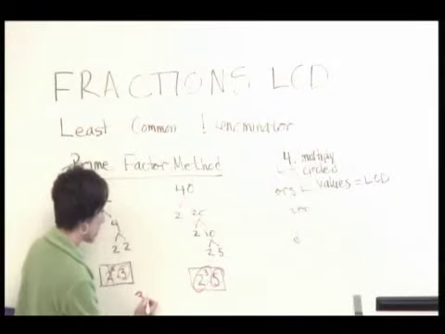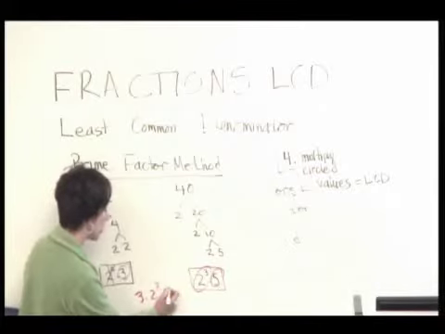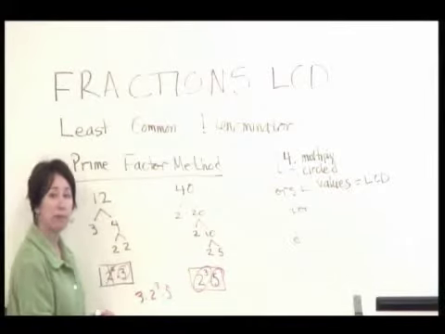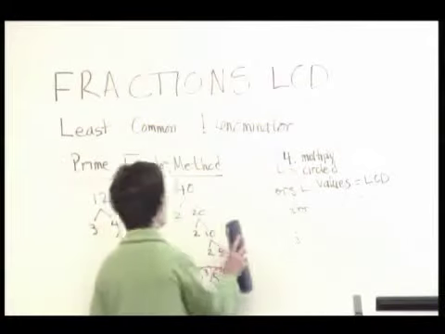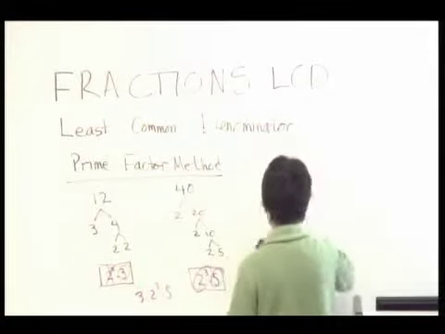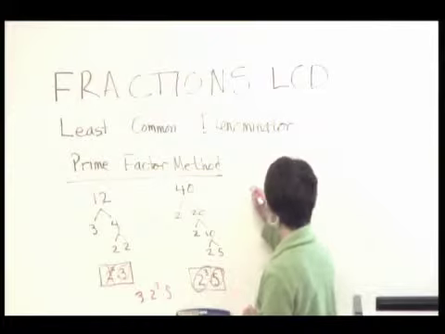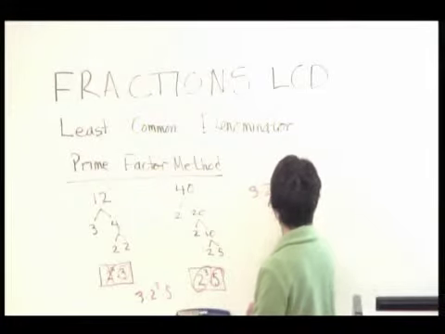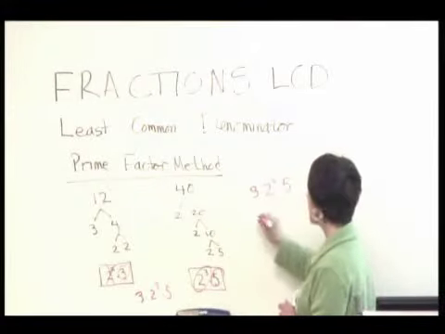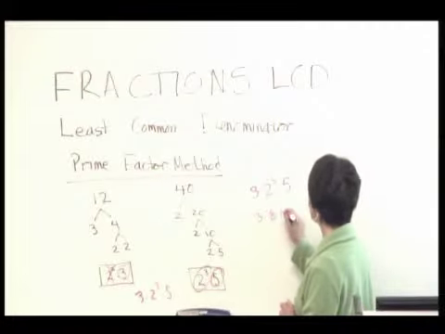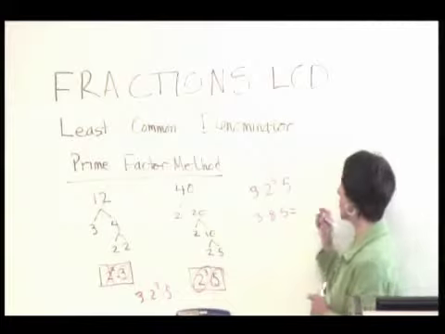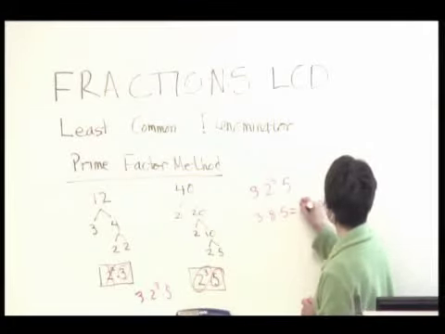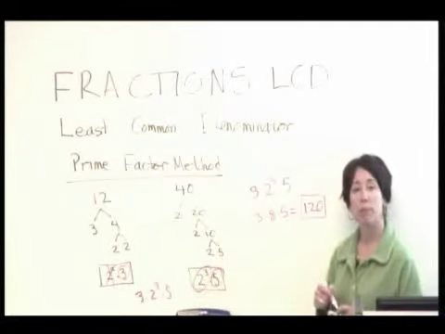3 times 2 to the third times 5. So I'll do that over here. 2 to the third is 8. 8 times 5 is 40. 40 times 3 is 120.